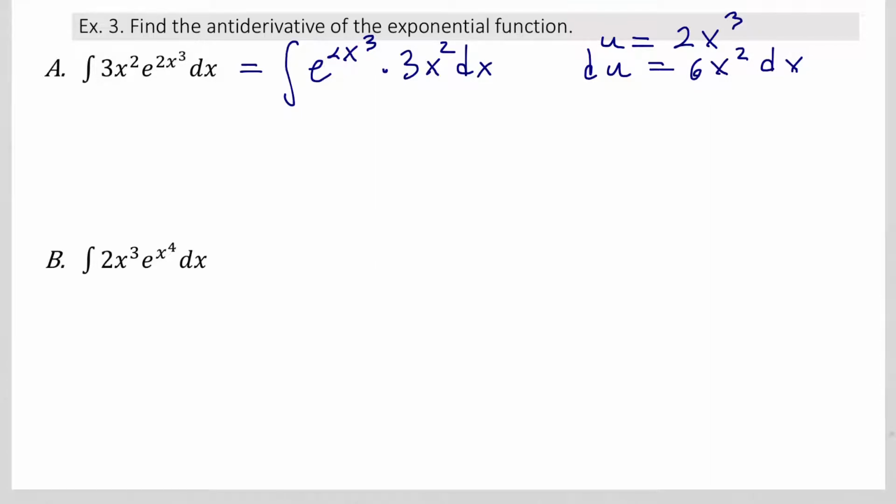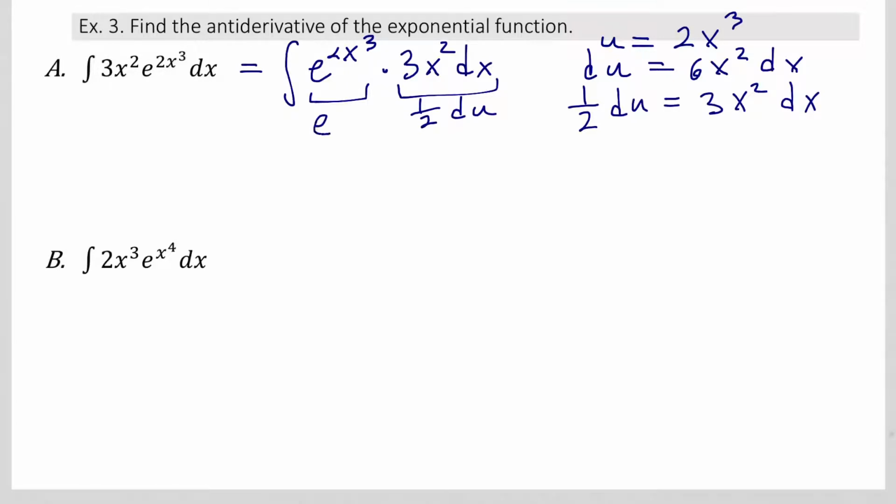So it looks like I need to divide it in half in order to get that 3. So that would be 3x squared dx. So this part here is 1/2 du. And this part here is e to the u.